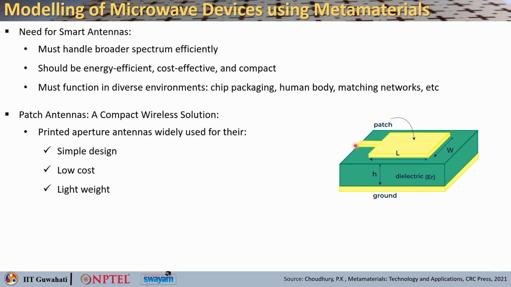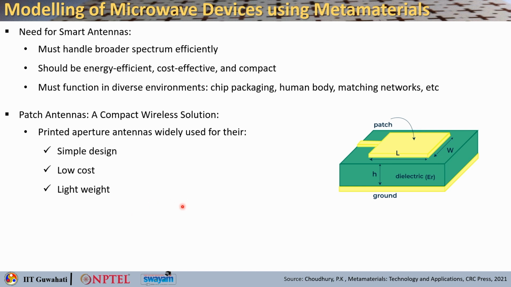When excited by a feed, this is the feed point, which can be a coaxial feed or a microstrip line, as shown here, the patch acts as a resonator that creates a field between the patch and the ground plane. The edges of the patch, these ones, basically radiate electromagnetic waves into space, creating the antenna's radiation pattern.